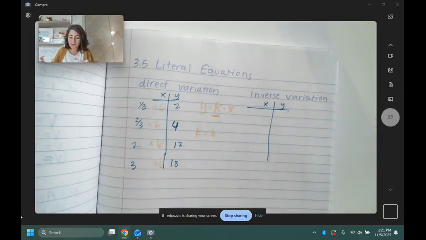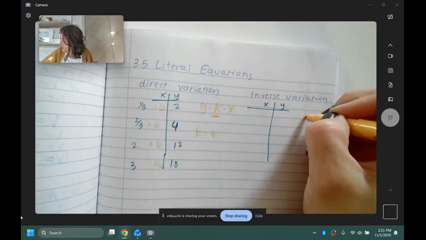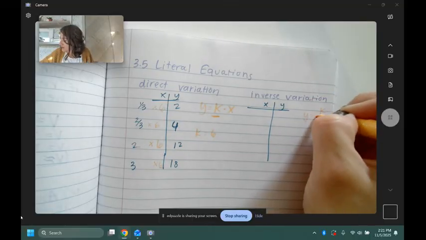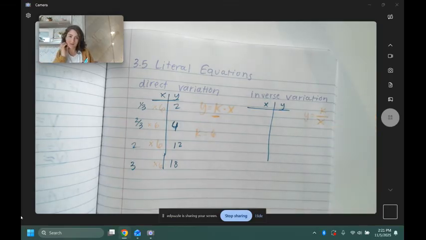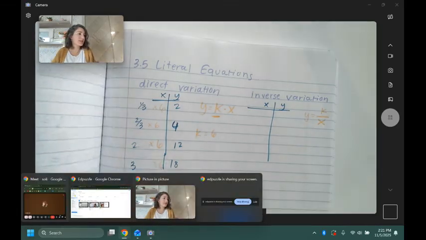Now with an inverse variation, you're doing some number divided by X is going to equal your Y, or Y times X equals K in some way. So something like this.